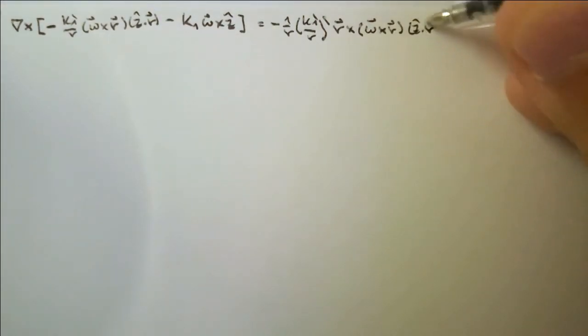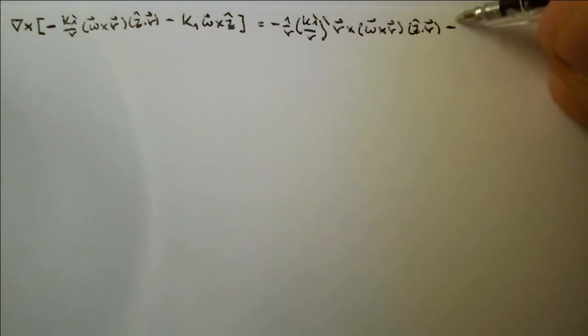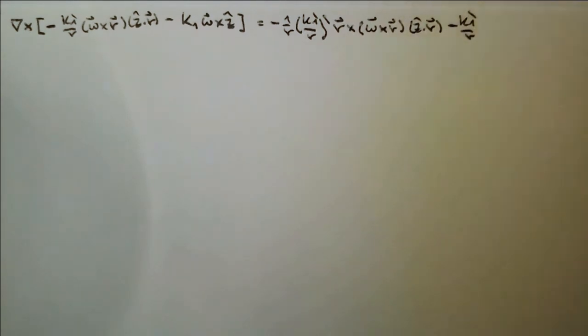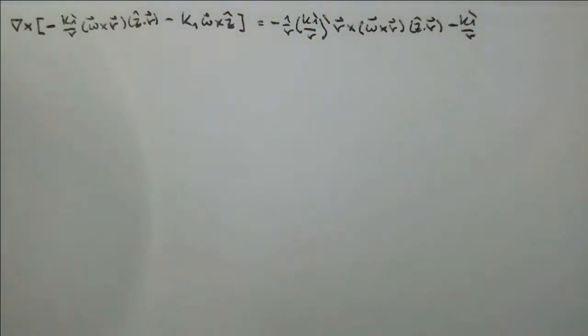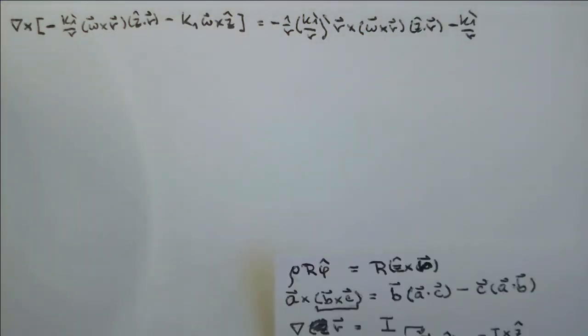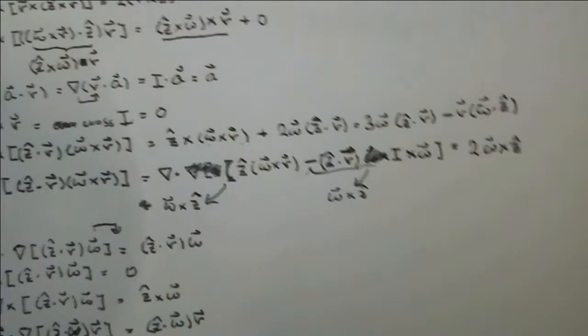Z dot r, and you have to now compute minus k prime over r, the curl of this term. Again, in our tables there is also the curl of this term, because it's over there.